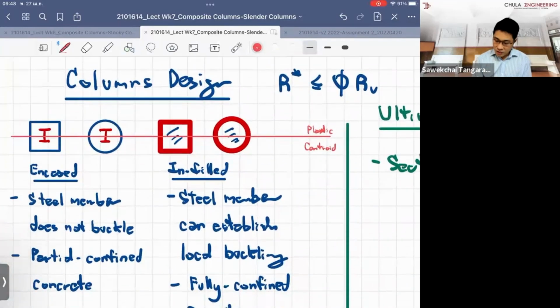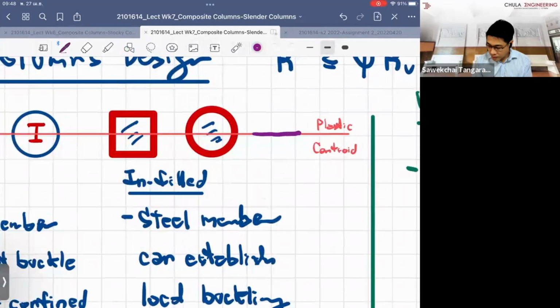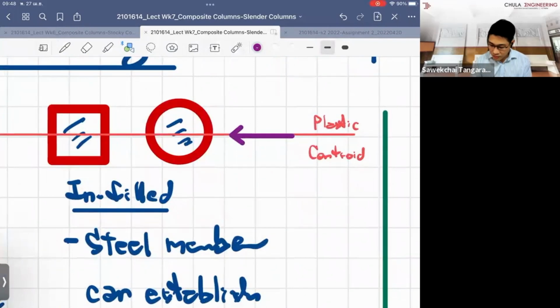Right, and the forces that we discussed have to apply to the plastic centroid, right? We call them the applied forces, which are the axial force and the bending moment.